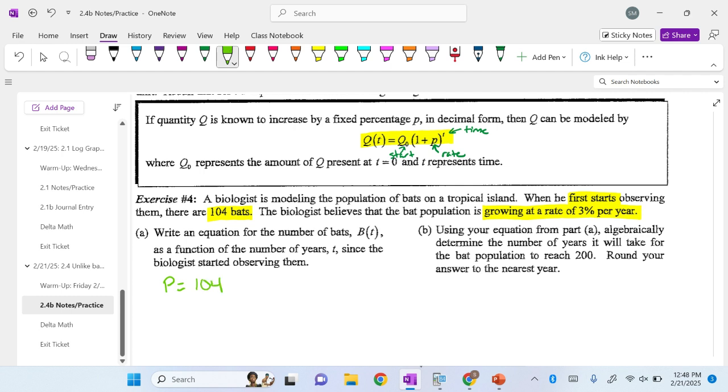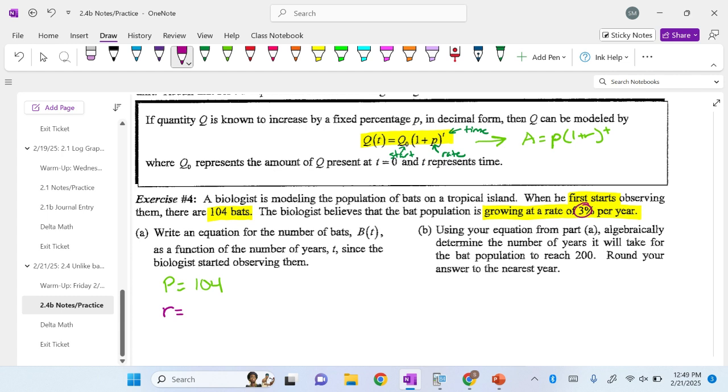104. And by the way, this equation is the same thing as A is equal to P times 1 plus r to the t. That's probably the way you're used to seeing it. Same exact thing, just different letters. So that's our start. What's our rate of growth? 1.03.